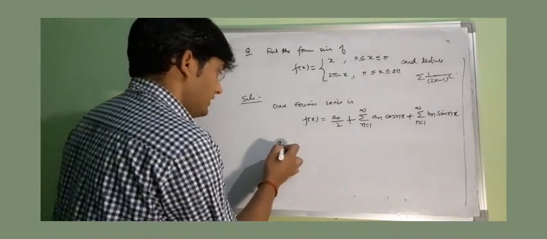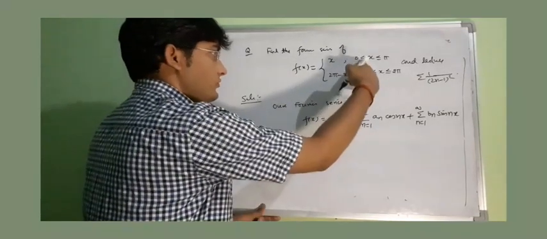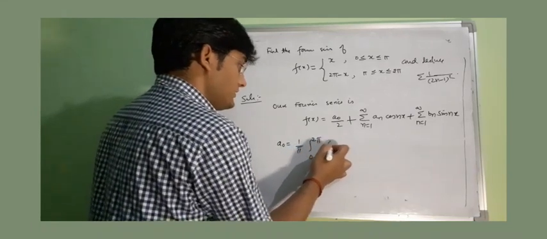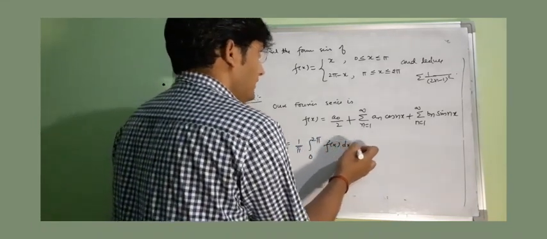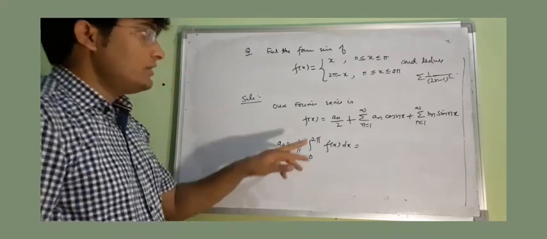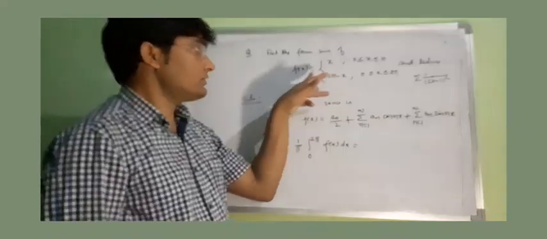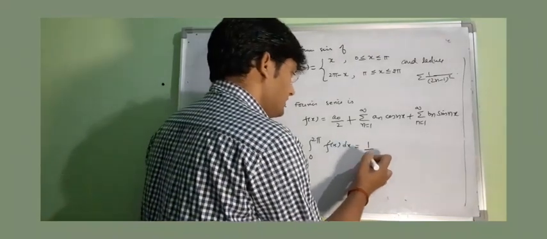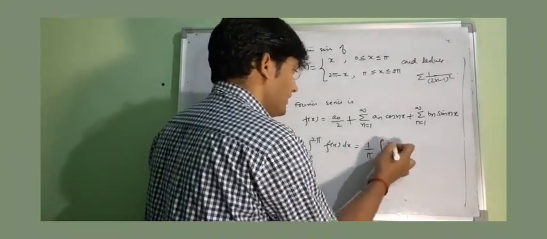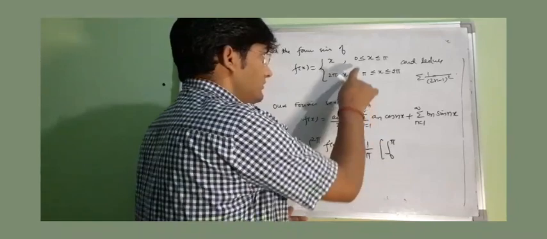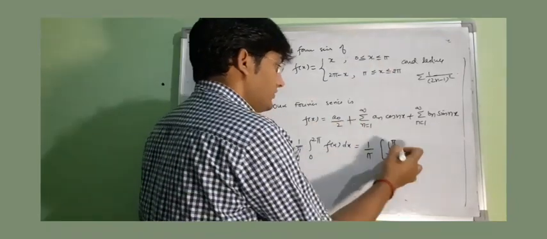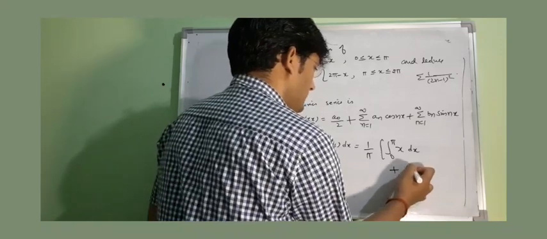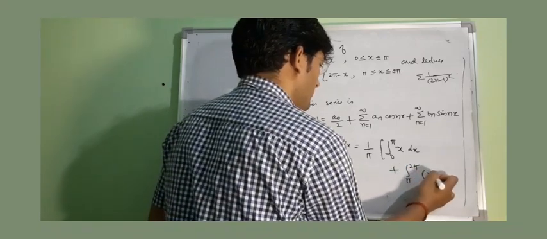Here our a0 will be 1 upon pi, integral 0 to 2 pi f(x) dx. You can see that the function f(x) has two values in two different intervals. So let us break this interval: from 0 to pi, f(x) has the value x, and from pi to 2 pi it has the value 2 pi minus x.